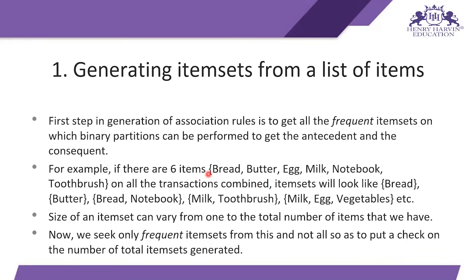If we have an item set containing these six items, then we make sub-sets from that item set. The size of an item set can vary from 1 to the total number of items that we have. So the size of an item set varies from 1 up to the total number of items available in the store, which is the maximum size of the item set.